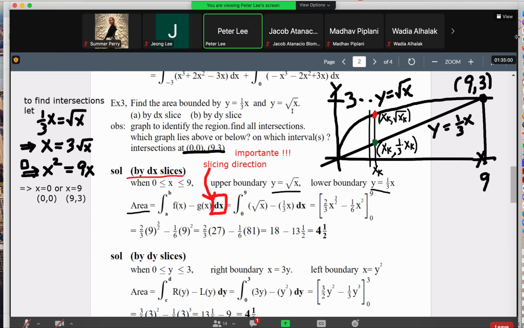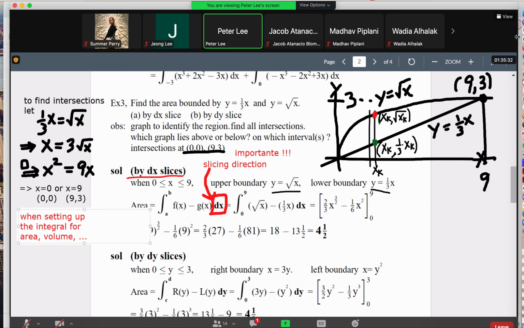So before you set up the integral for area, volume, or whatever it is, what's the first thing you have to do? These are the only things we cover in this class.